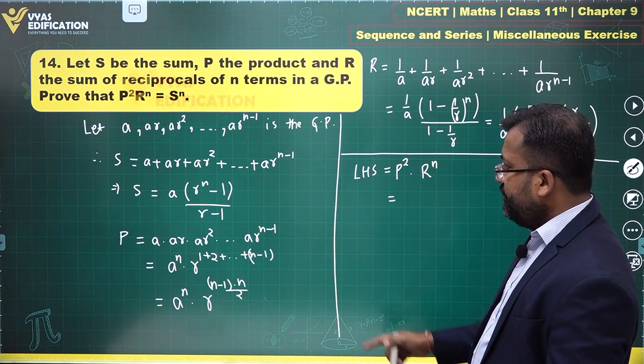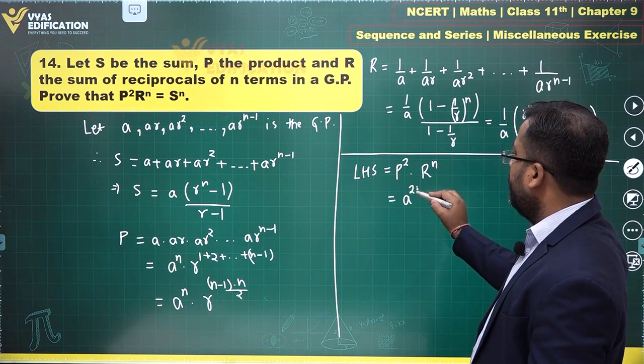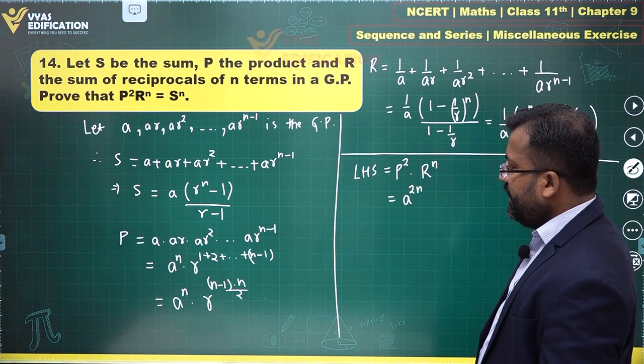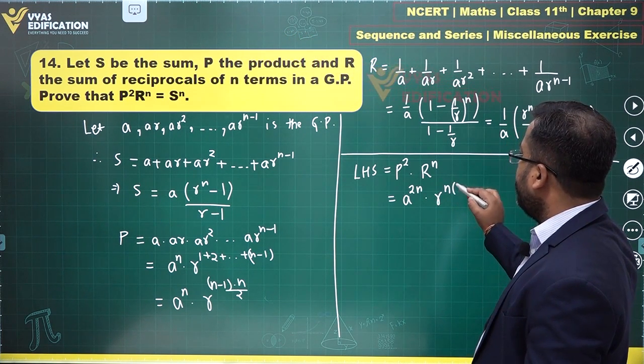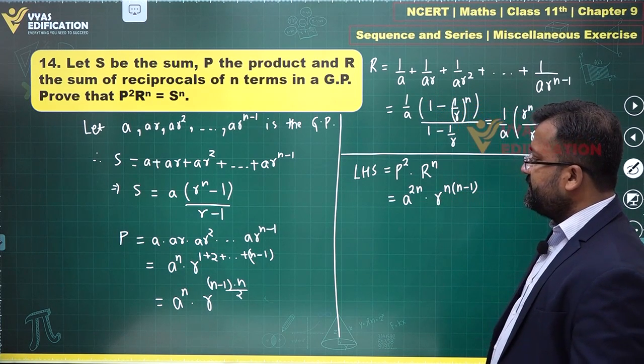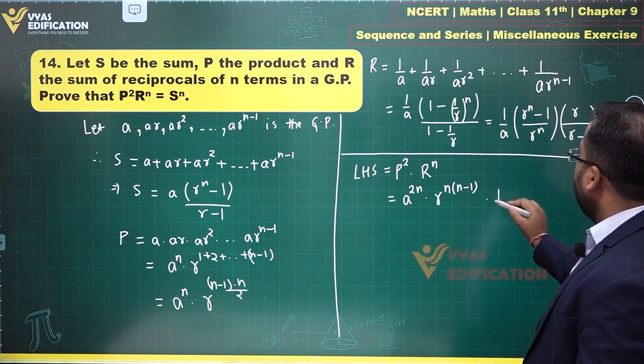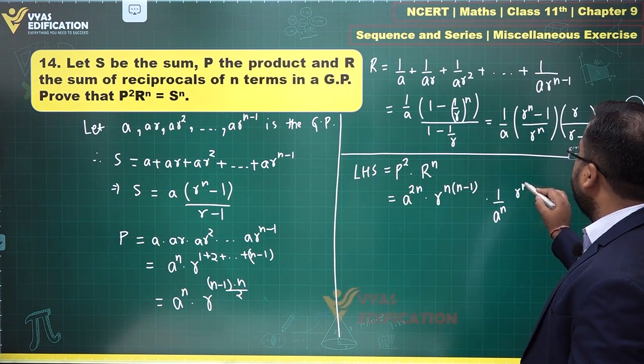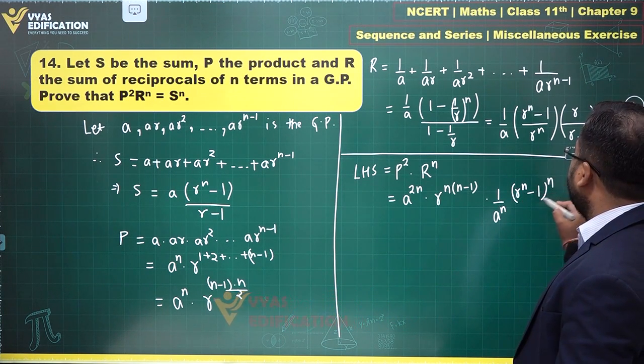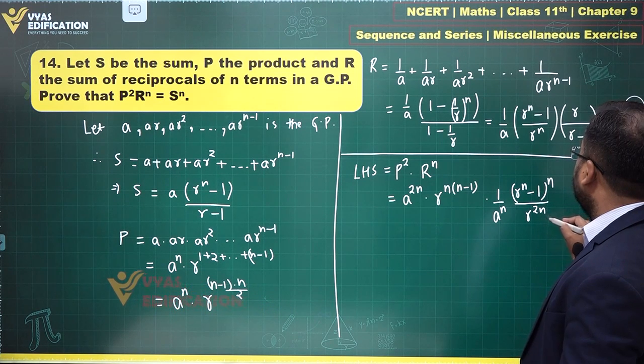What is that? P squared, which is A power 2n, R power n into n minus 1 by 2 square will be this. R power n, what is R power n? R power n is this. 1 upon A power n, R power n minus 1 power n upon R power 2n.